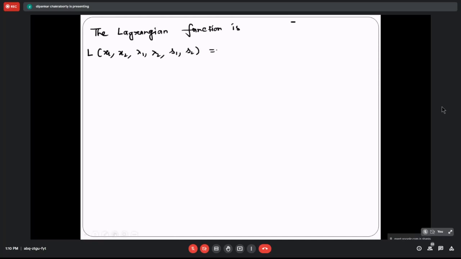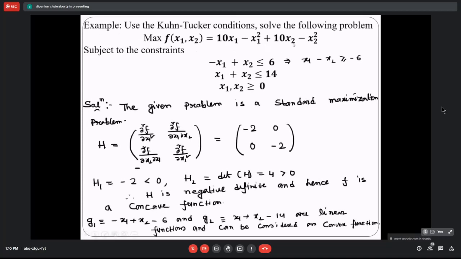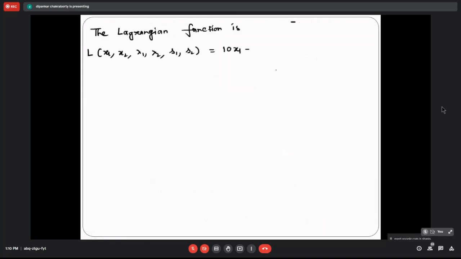So actually the Lagrangian function is depending on 6 variables: x1, x2, lambda 1, lambda 2, S1, S2, and the function is what? 10x1 minus x1 square plus 10x2 minus x2 square. Next, the constraint part, minus lambda 1 times minus x1 plus x2 plus s1 square minus 6. Am I correct?